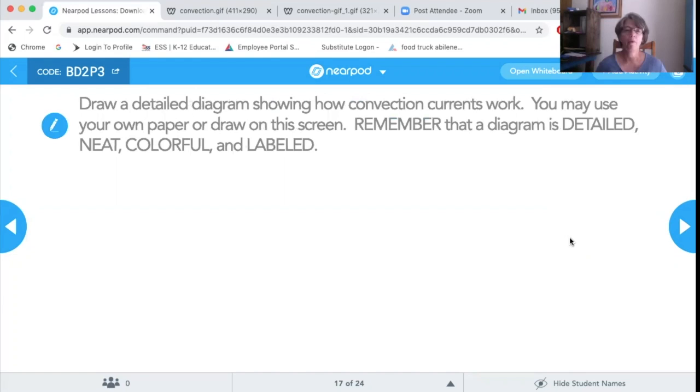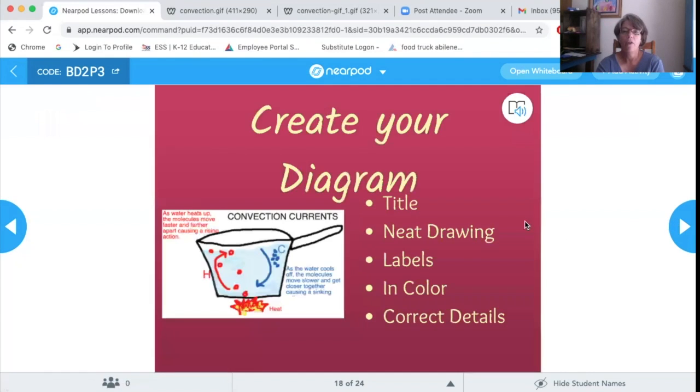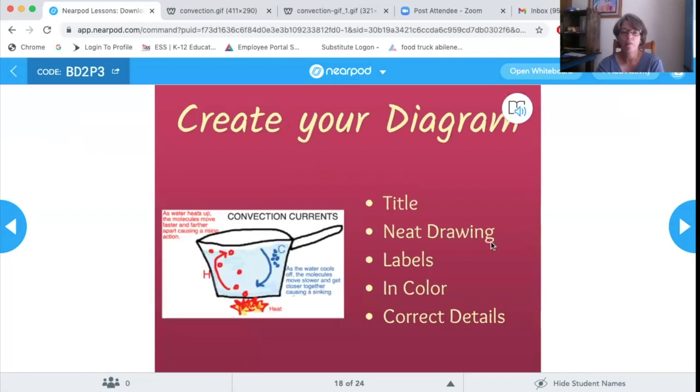All right, now I promised you that one of the things you were going to show me today is that you understand how a convection current works. So you have the tools available to you right here on your screen. And then you just submit it when you're finished and it will come straight to me. All right, please remember, when you create your own diagram, to title it.